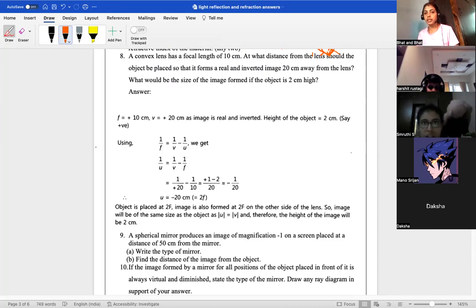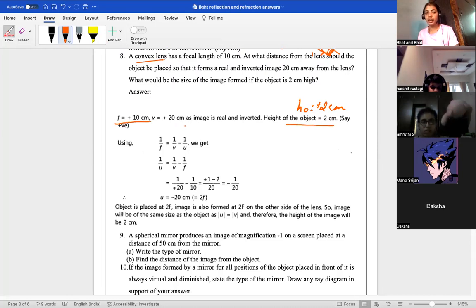What would be the size of the image formed if the object is 2 centimeter high? So they have given the height of the object. So HO is 2 centimeter, so plus 2 centimeter we can say. And it is a convex lens. So since it is a convex lens, F is positive.